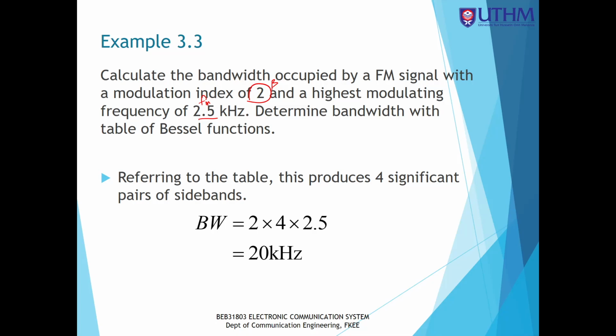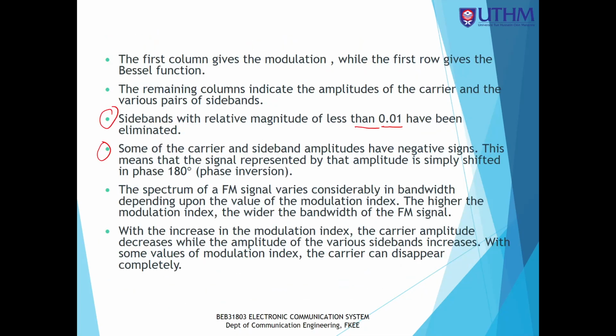Determine the bandwidth with the table of Bessel function. So for beta equal to 2, we need to see from the table how much is the value of n. Okay, so let's look inside the table.